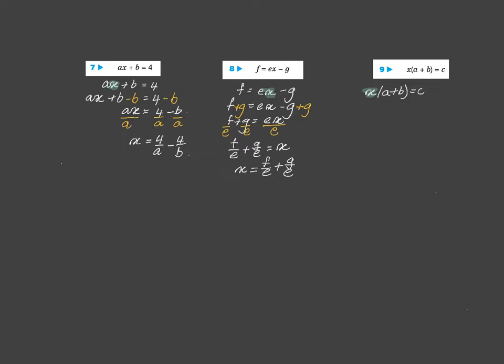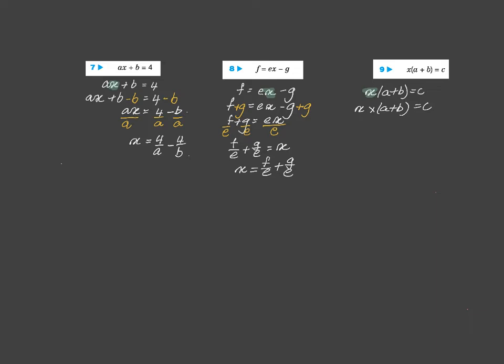If you look at the left-hand side, you've got x multiplied by a plus b is equal to c. So if you divide the left-hand side by a plus b, a plus b divided by a plus b will equal 1. Anything divided by itself is 1. And then you do the same thing on the right-hand side. Let's see where that gets us.